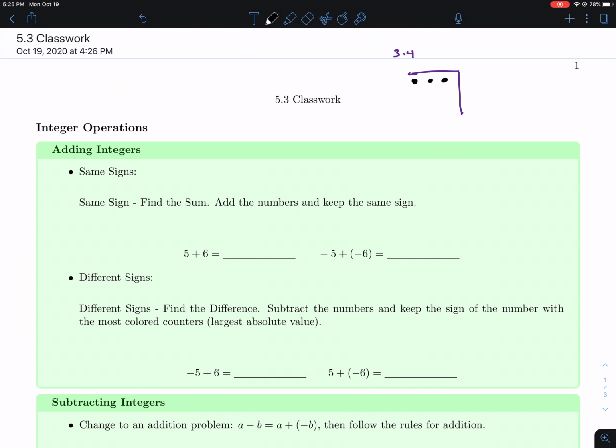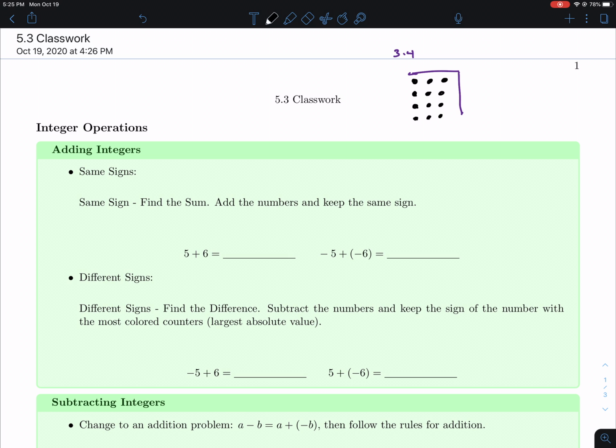So I've got a row of 3, but since I'm multiplying it by 4, I would just make 4 rows of those 3, and then count up how many colored tokens I had. So 1, 2, 3, 4, 5, 6, 7, 8, 9, 10, 11, 12. I had 12 tokens, and they're all black. So that would give me positive 12 for my answer.